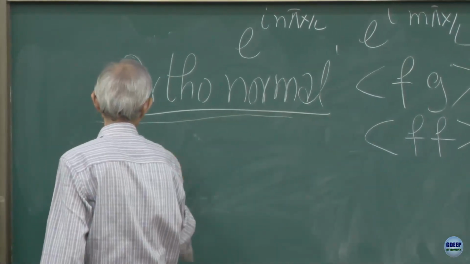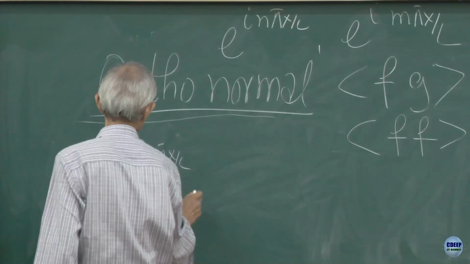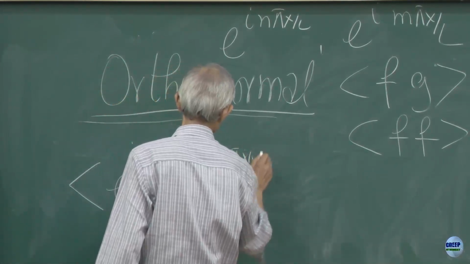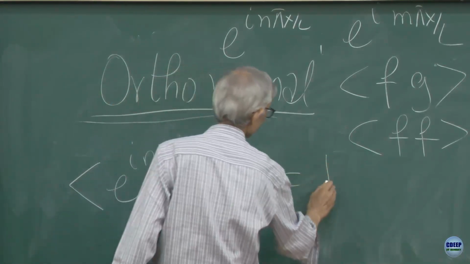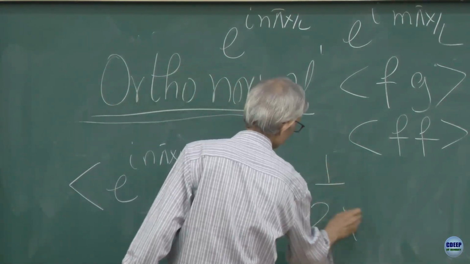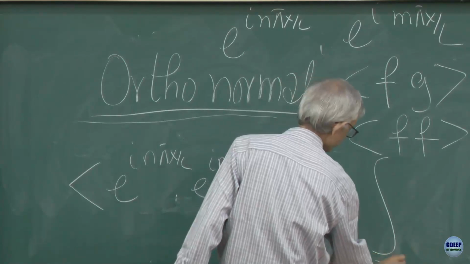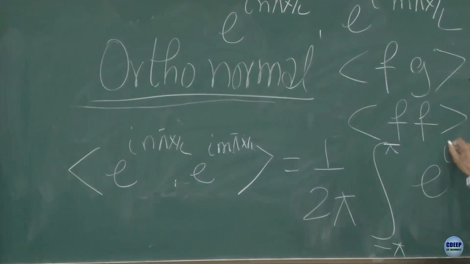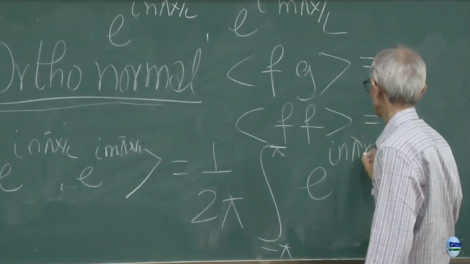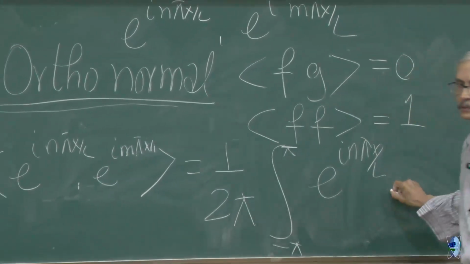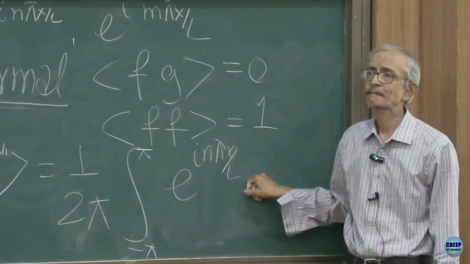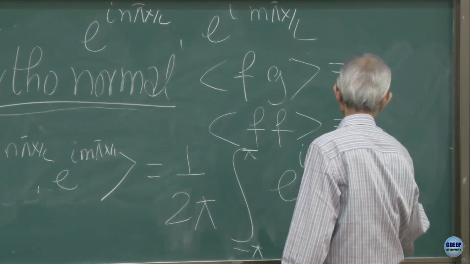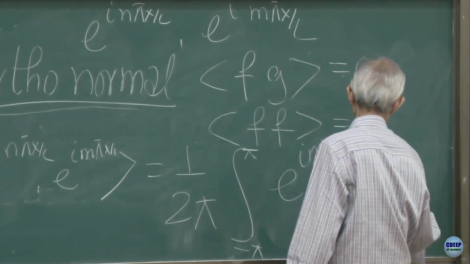My definition was 1 by 2 pi, integral minus pi to pi. What should I put here? e to the power of i n pi x by L, and then e to the power minus i m pi x by L dx.